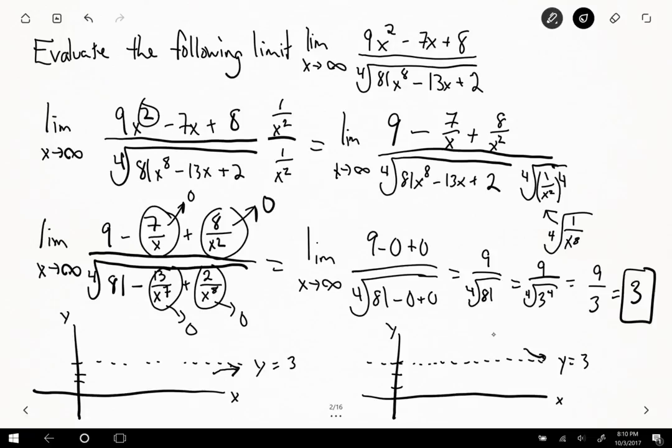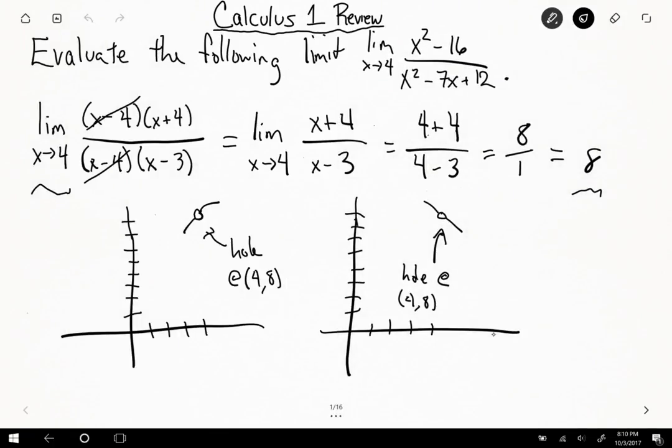So we had a question actually back on the first problem, and so I'm going to reroute it real quick back to that first problem. So how do we actually know that this graph has a hole there?